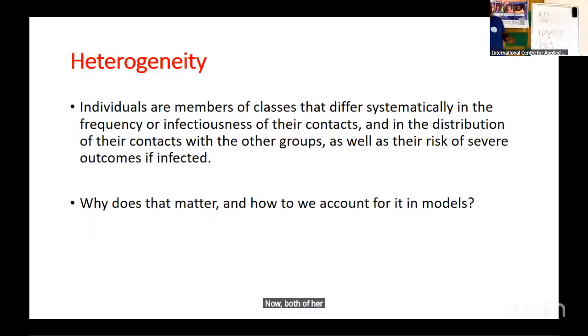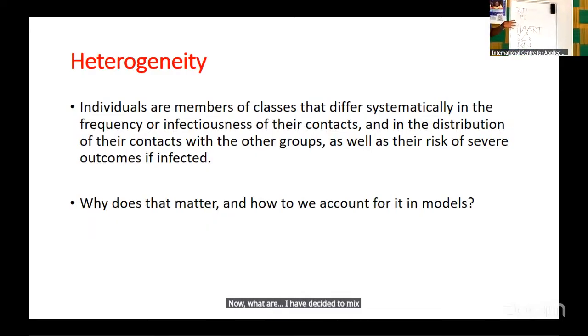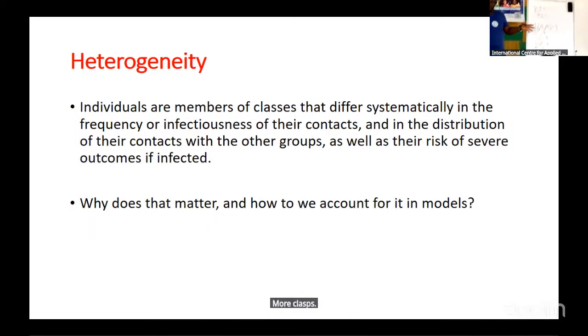I have decided to create more classes in the society because I see the need that society may not be just a single class in that particular disease.